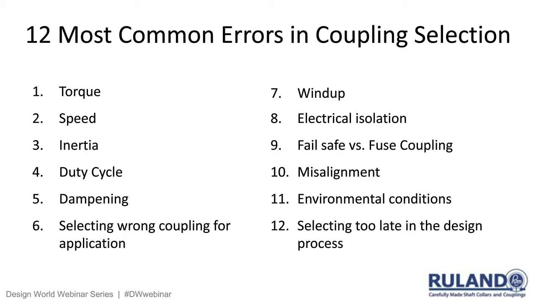And some are designed as a fuse-type coupling where they'll break and you'll disconnect. Deciding up front whether you need a fail-safe design or you'd prefer a fuse-type coupling is important. Misalignment. The degree of misalignment that you need for your application is very, very important.